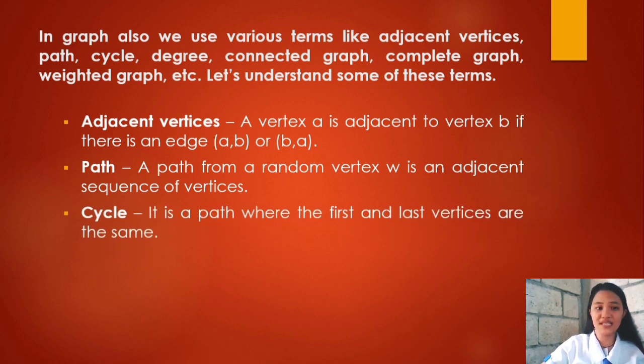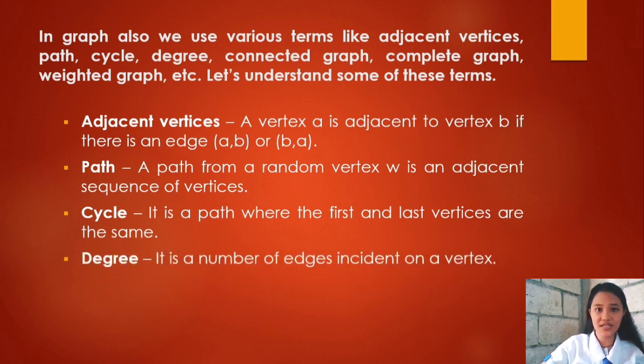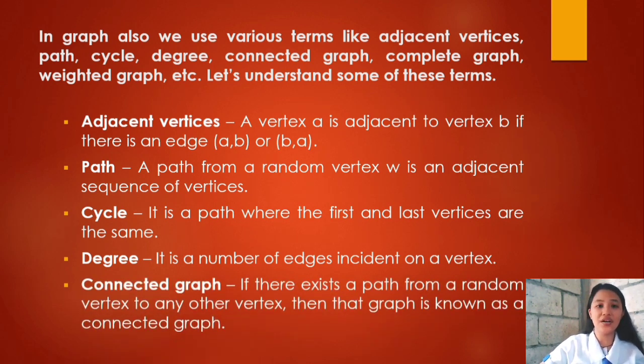Cycle. It is a path where the first and last vertices are the same. Degree. It is the number of edges incident on a vertex. Connected graph. If there exists a path from a random vertex to any other vertex, then that graph is known as a connected graph.